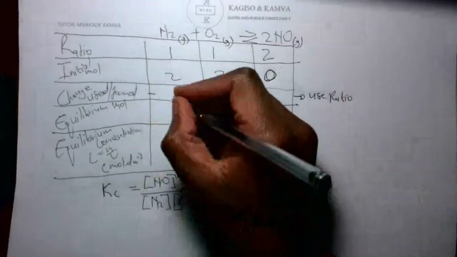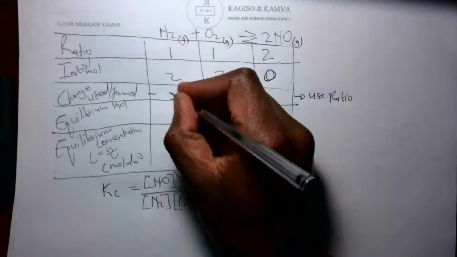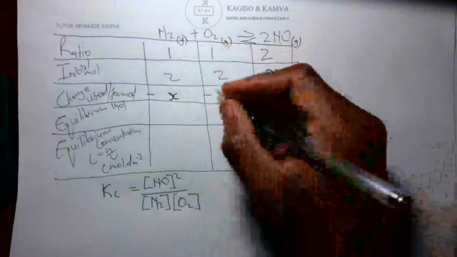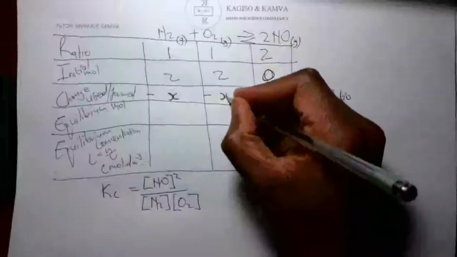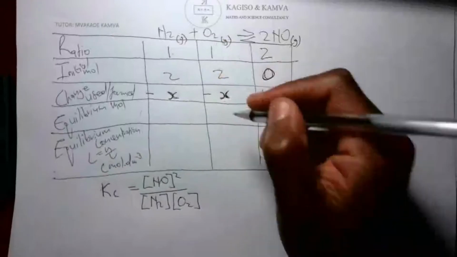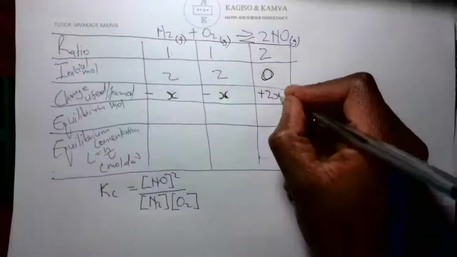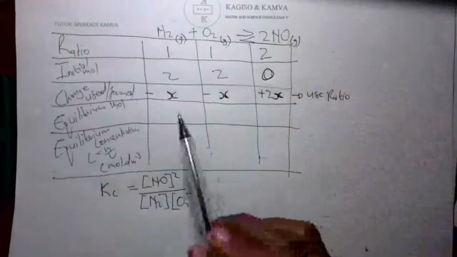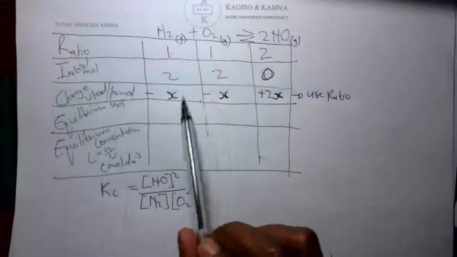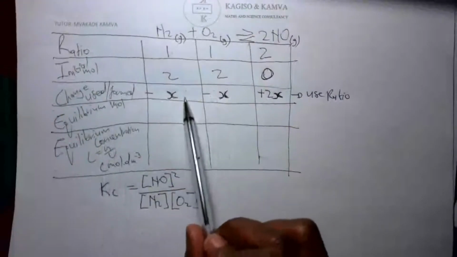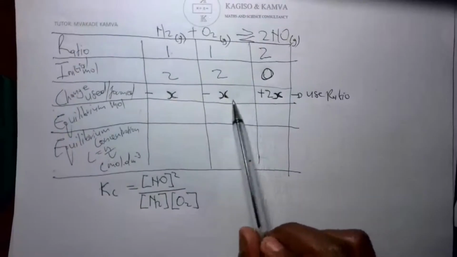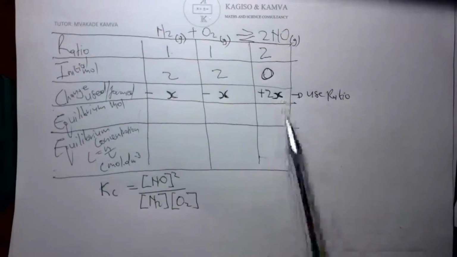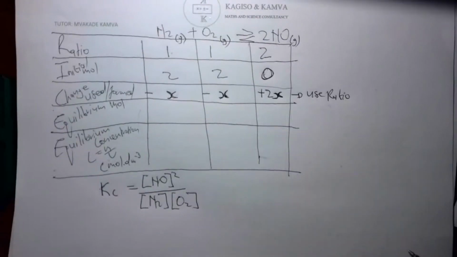We say X amount, from the ratio it's 1, X amount of N2 will react with X amount of O2 to give us 2X amount of NO. So X moles of N2 react with X moles of O2 to get 2X moles of NO. Good.